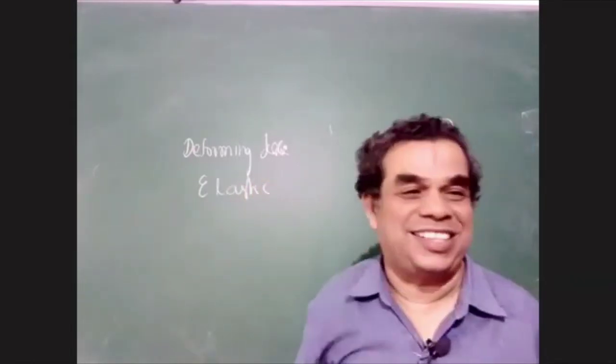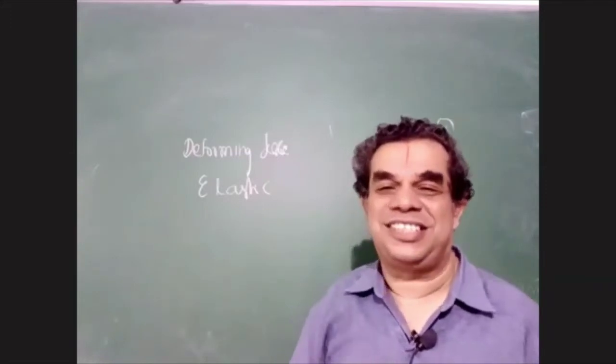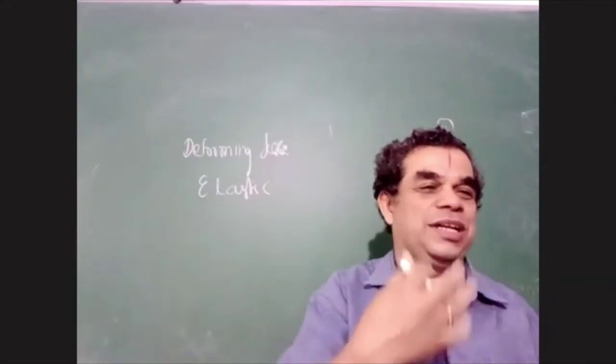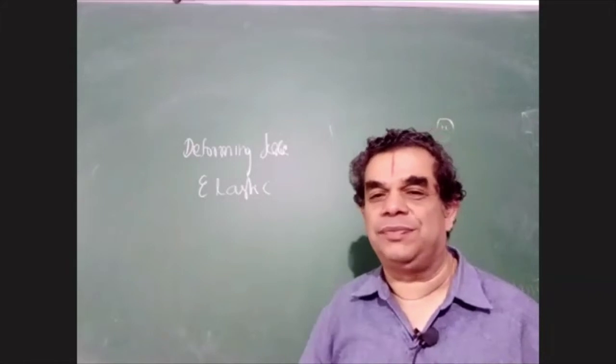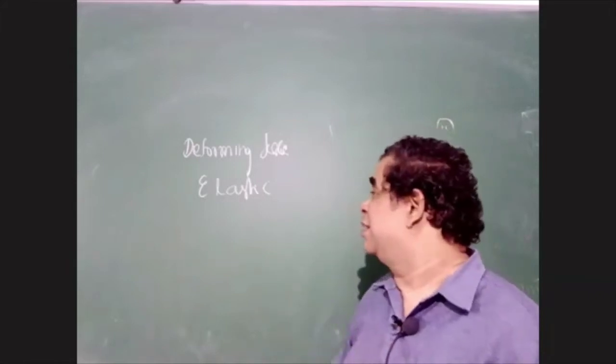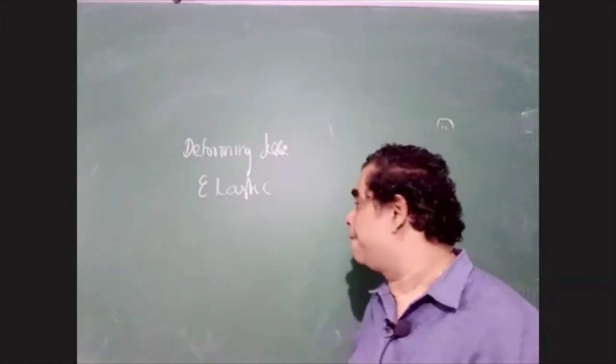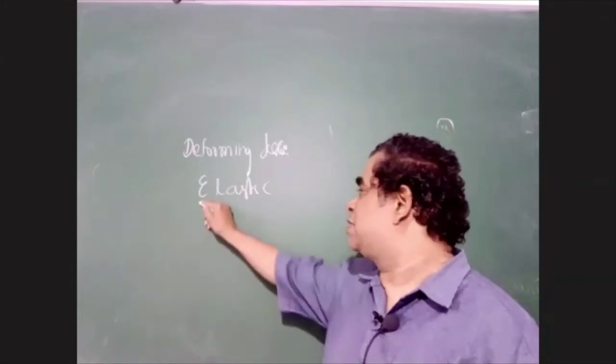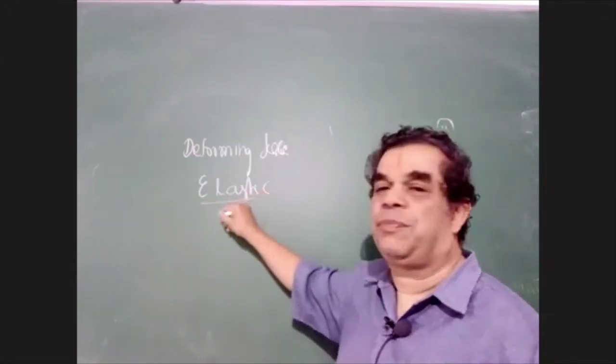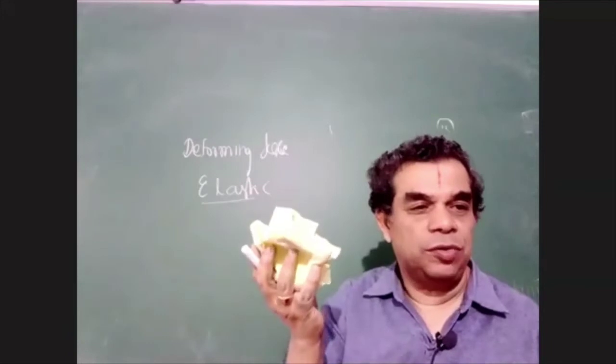Elasticity, or elastic nature. Elasticity is that which tries to bring the object back to normal. Elasticity is the thing. Now, the elastic force or elastic property of the object makes it come back to its original shape.